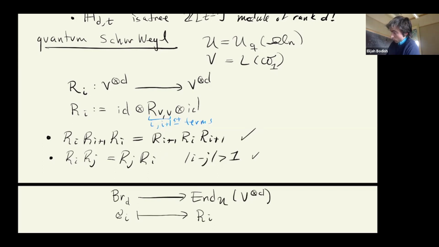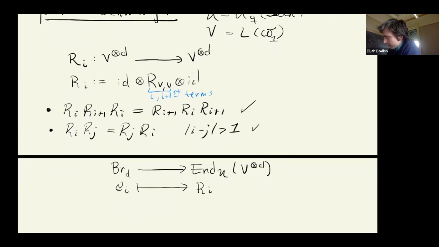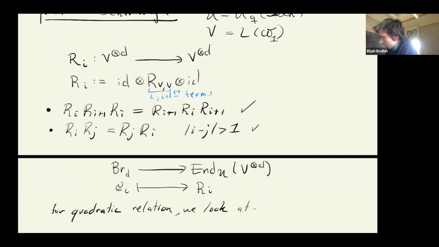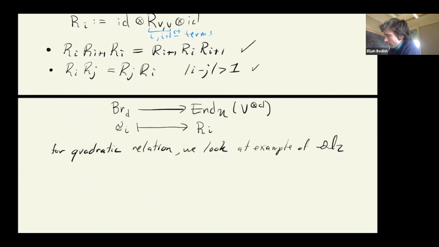So what's left in order to compare this to the Hecke algebra is this quadratic relation. For the quadratic relation, we just look at an example for this lecture, of SL2. The reason is that this is the example that I computed for us above.